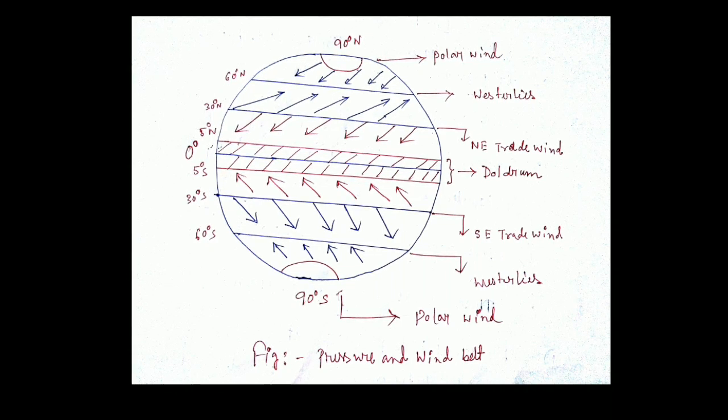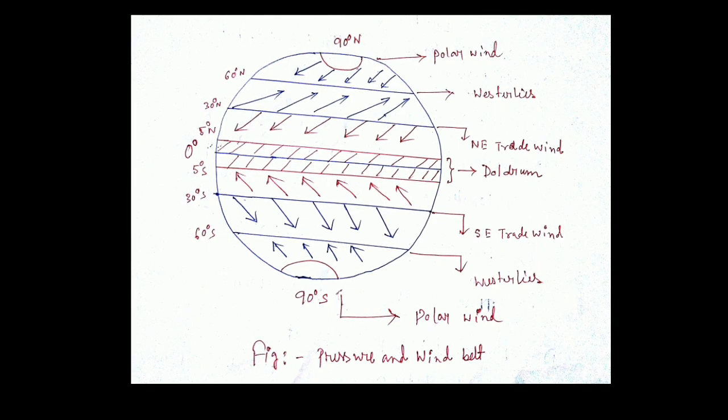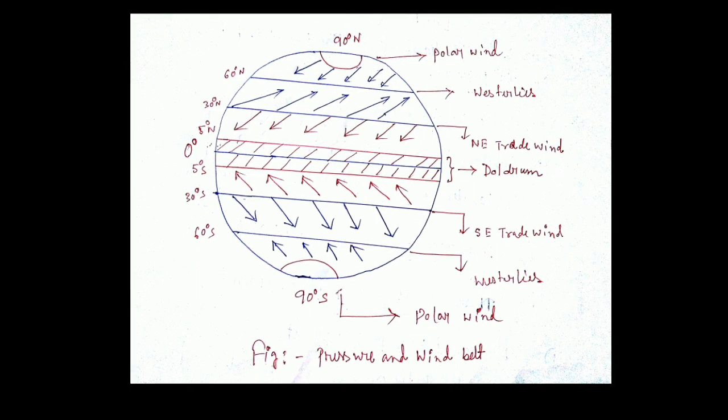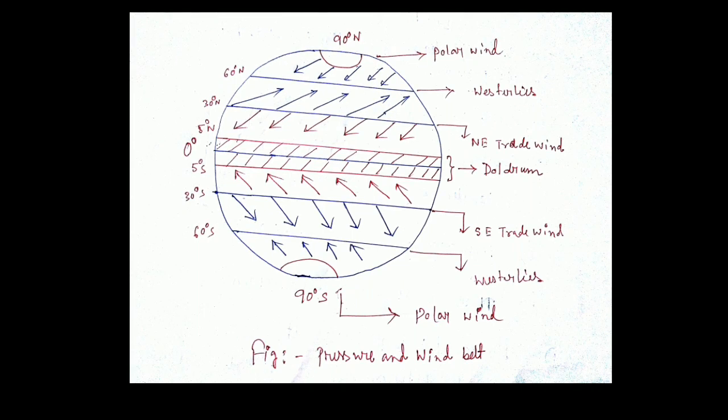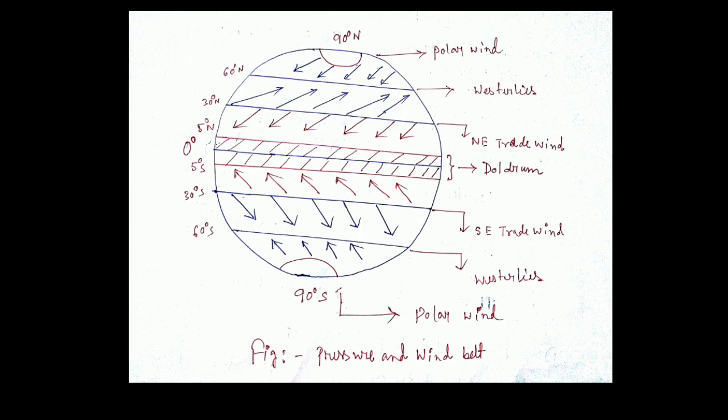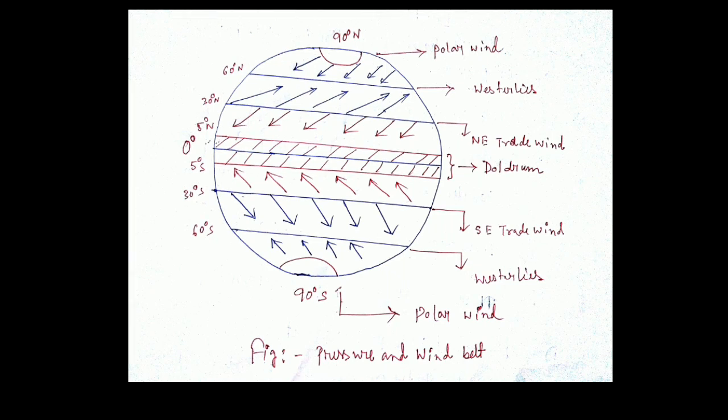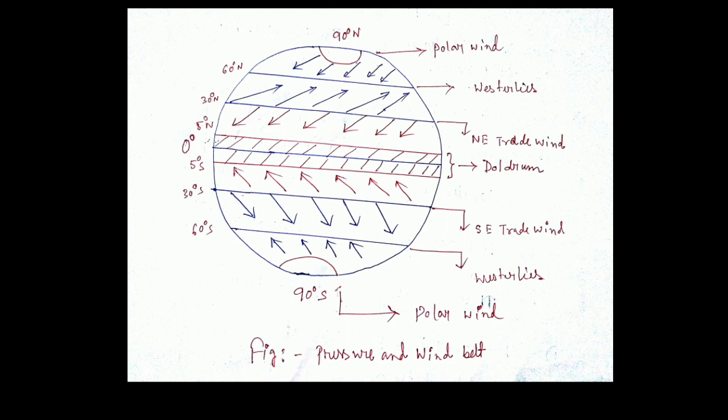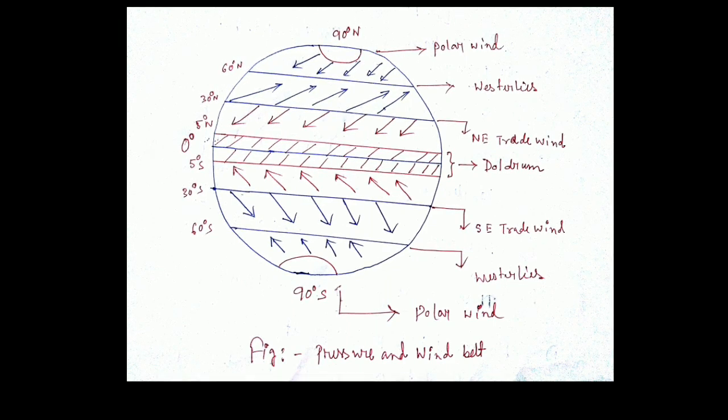These two winds converge in the equatorial region, and the region between 5° north to 5° south latitude is known as doldrum or equatorial low pressure belt, where these trade winds converge. So this is all about the pressure belts as well as the pattern of wind circulation of the world. Apart from this, we will discuss different local winds in our subsequent classes. So till now, thank you.